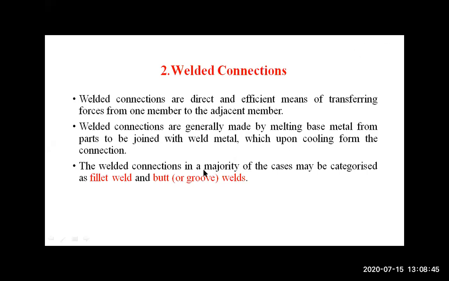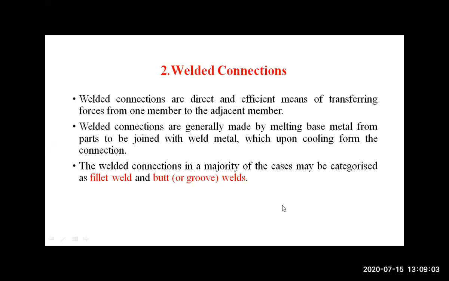Now, the welded connections are generally made by melting base metal. See the second point. The welded connections are generally made by melting base metal from the parts to be jointed with weld metal, which upon cooling forms the connection.